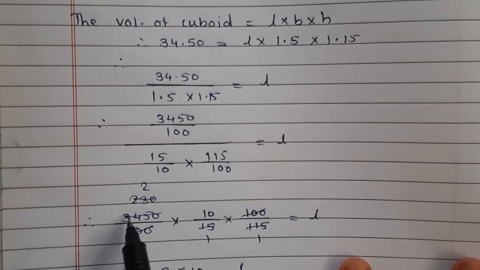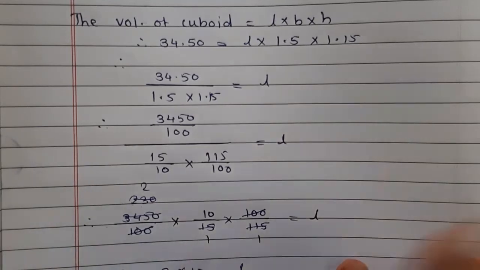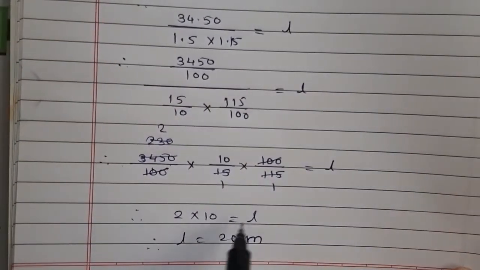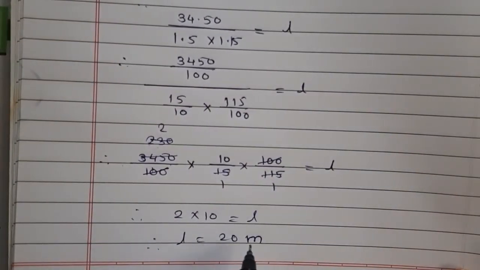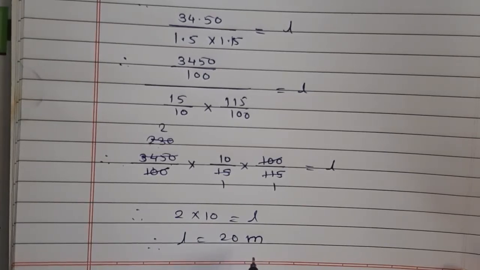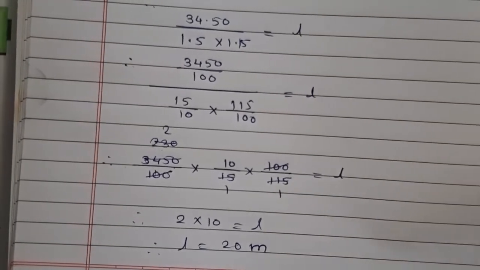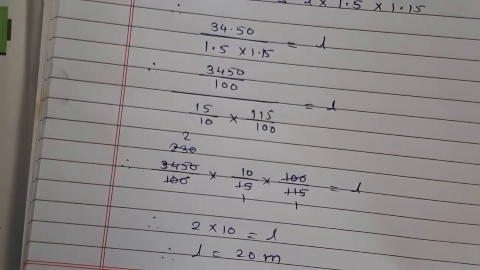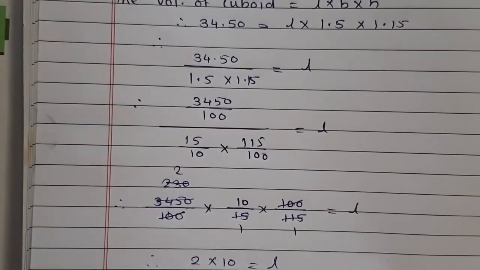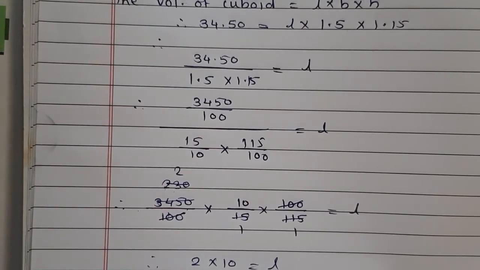Then 15 ones are 15, 15 twos are, when we divide 3450, we get 230. Then 115 ones are 115 and 115 twos are 230. Then 2 into 10 equals L. So L equals 20 meter. In this way we get the length of the cuboid when the volume is given. Understood? Now you will complete both these examples and try to solve the remaining sums based on cuboid.